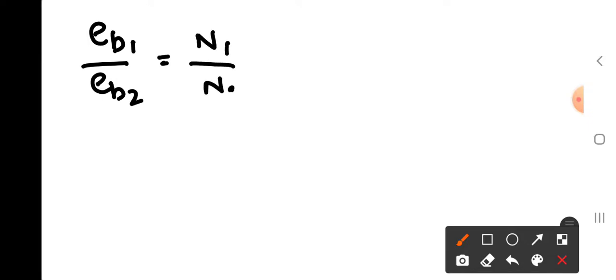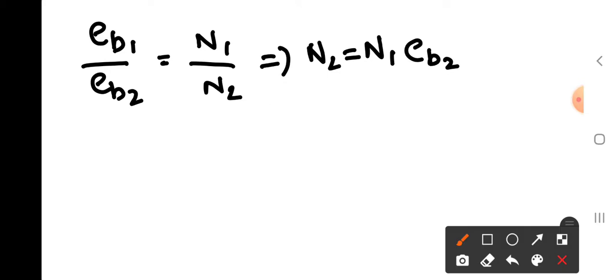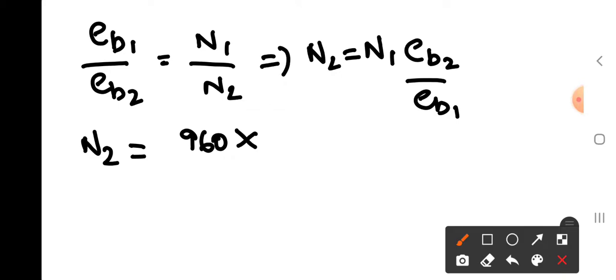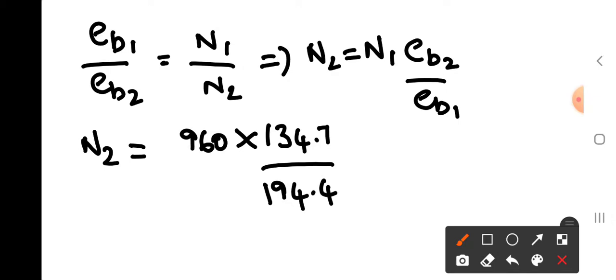This means N2 is equal to N1 into Eb2 by Eb1, where N1 is 960 RPM and Eb2 is 134.7 volts divided by 194.4 volts.